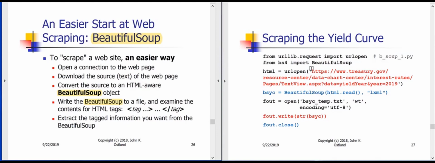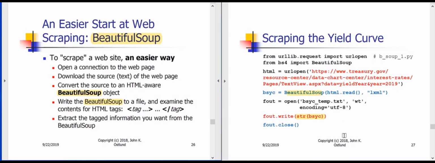So the structure of this bsoup1 program is very similar to the hardscrape program we looked at before. The difference is that we are creating a Beautiful Soup object here by reading the HTML document, and we are then writing that Beautiful Soup object converted to a string into an output file.